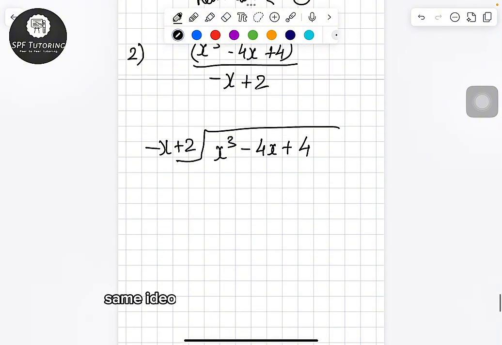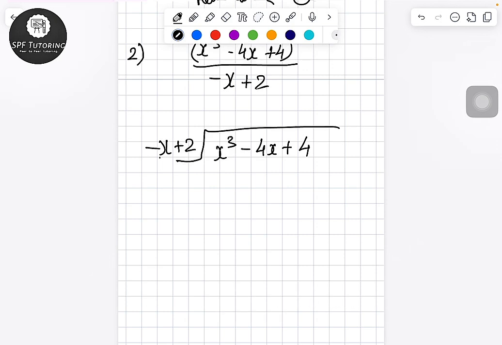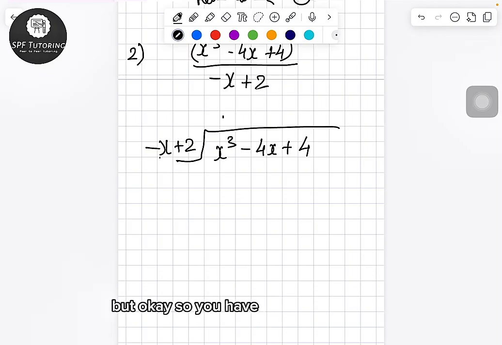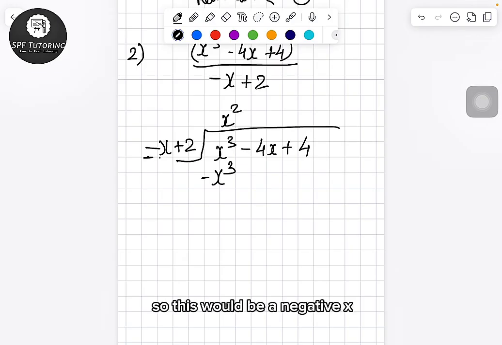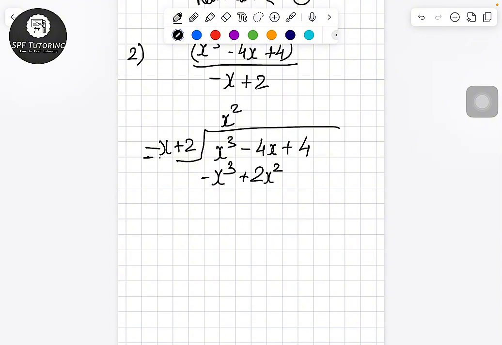Okay, same ideology up here. What times x gives us x cubed? Now things get a little bit complex. You might be thinking this is just x squared, and that would give x cubed, but here's a negative sign, so this would be negative x. And then we put x squared times 2, which is positive 2x squared.